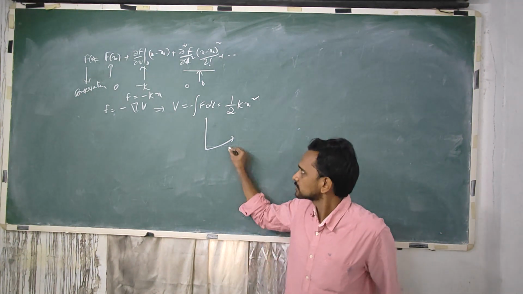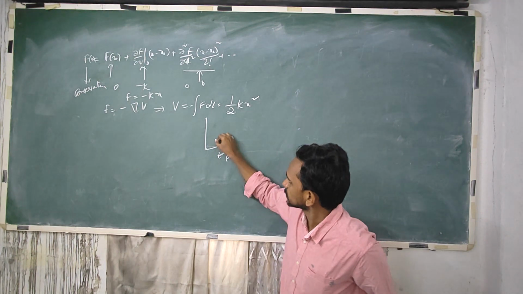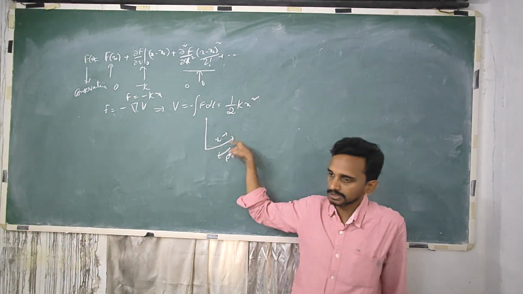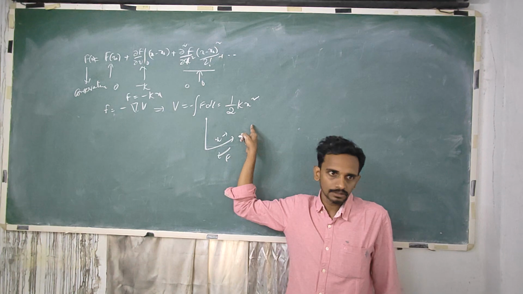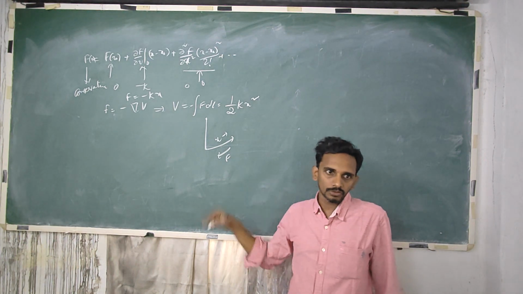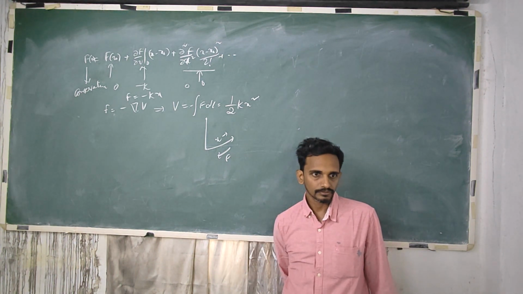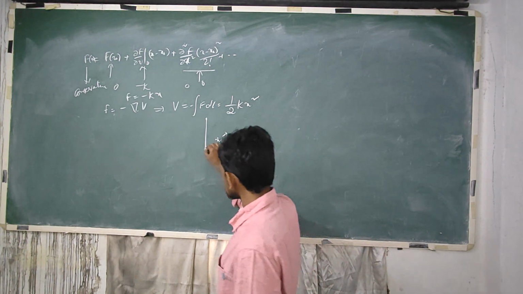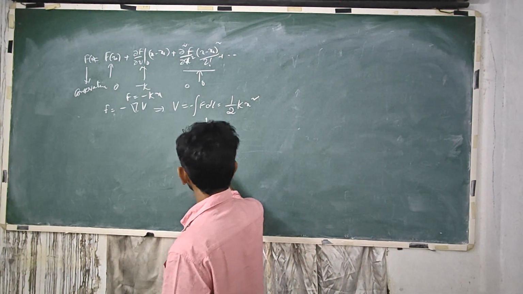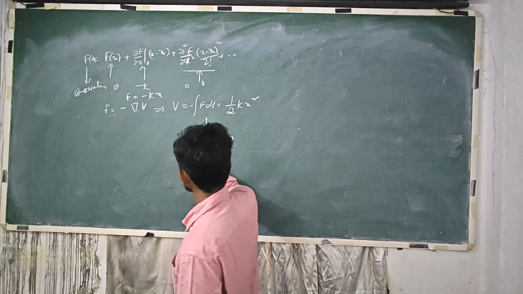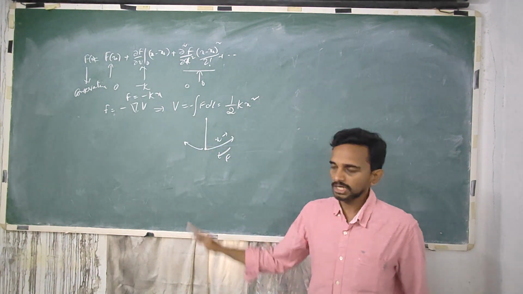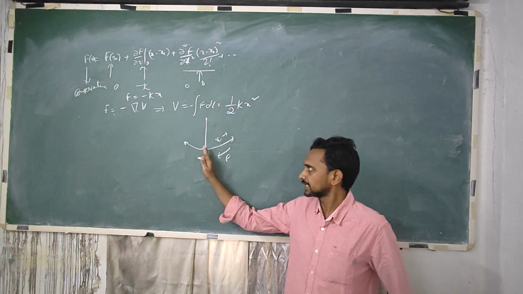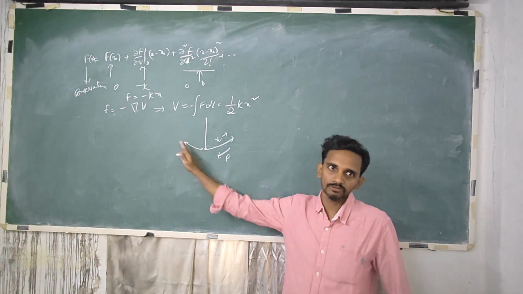If the displacement is away from the origin, the force will be towards the origin. At the origin there is no force, so the object continues its state of motion. Whatever velocity or acceleration it gained till this point will be continued further.